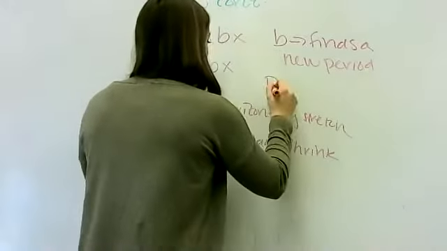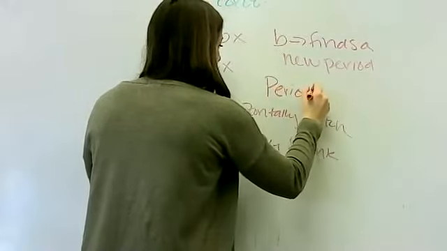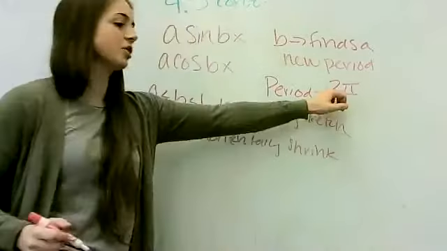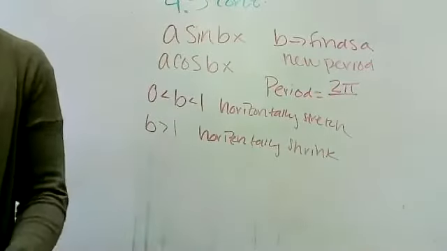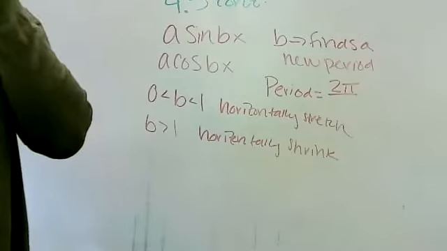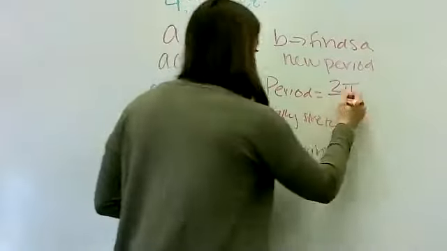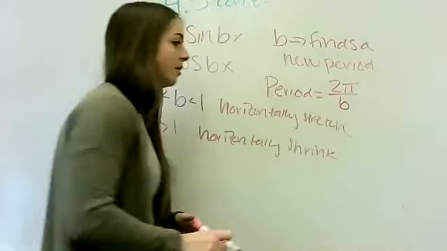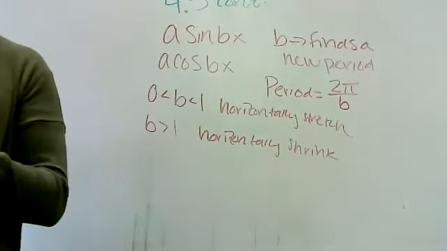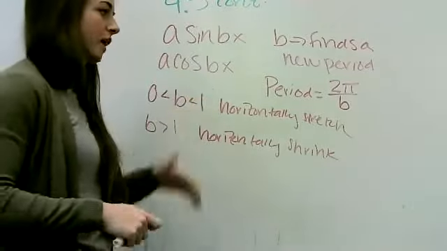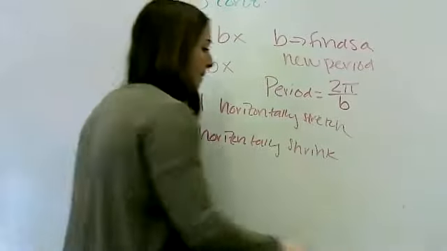The way that we find this new period is we take 2 pi. Why 2 pi? Because 2 pi was the period of an original cosine or sine function. So we take that original period and divide it by our b value.